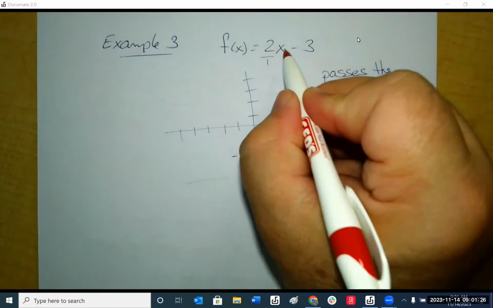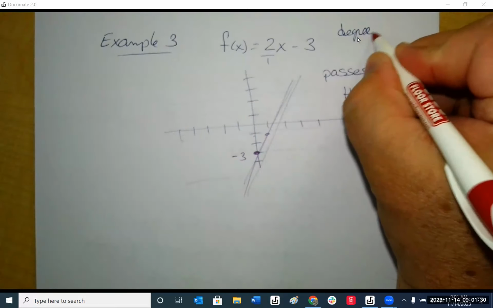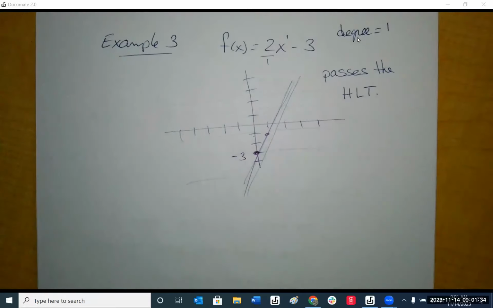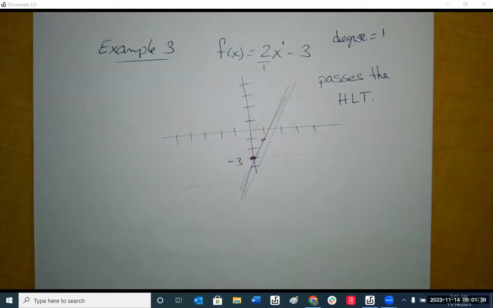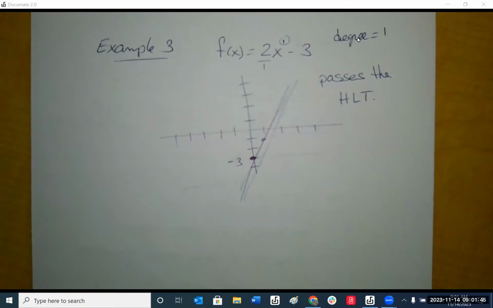And again, what's the degree of this equation? If there's nothing there, it's automatically a 1. So again, it has an odd degree, so it can be 1-to-1. Since it's linear, it's going to be 1-to-1.